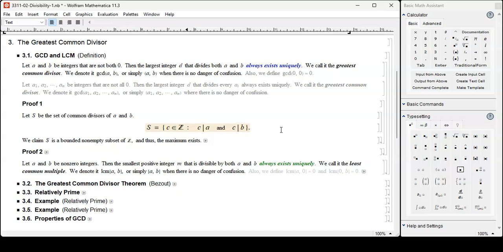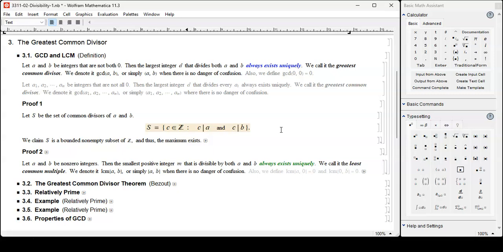Now, what property am I going to use? Well, Z is discrete and totally ordered. So it is well ordered in both directions whenever bounded. Z itself is not well ordered, but if it is bounded, then yes. If it is bounded below, then it is well ordered in forward direction.